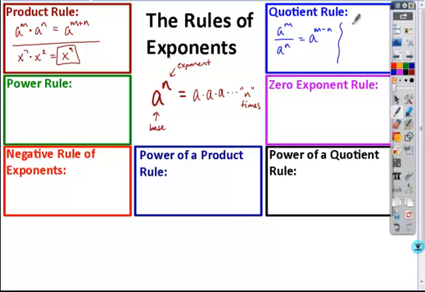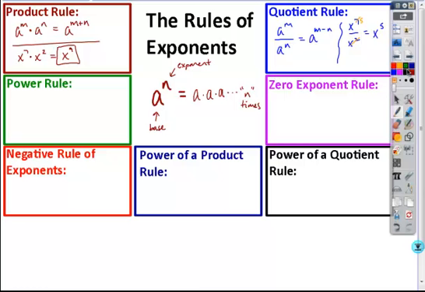So something like this would be x to the 7th over x squared is equal to x to the 5th. Now, oftentimes, instead of looking at this as 7 minus 2, many of you will just use canceling, right? So these two x's cancel with two of these, leaving 5 up here. It's the same idea. You're really just subtracting the powers, but you can think of it as canceling as well.